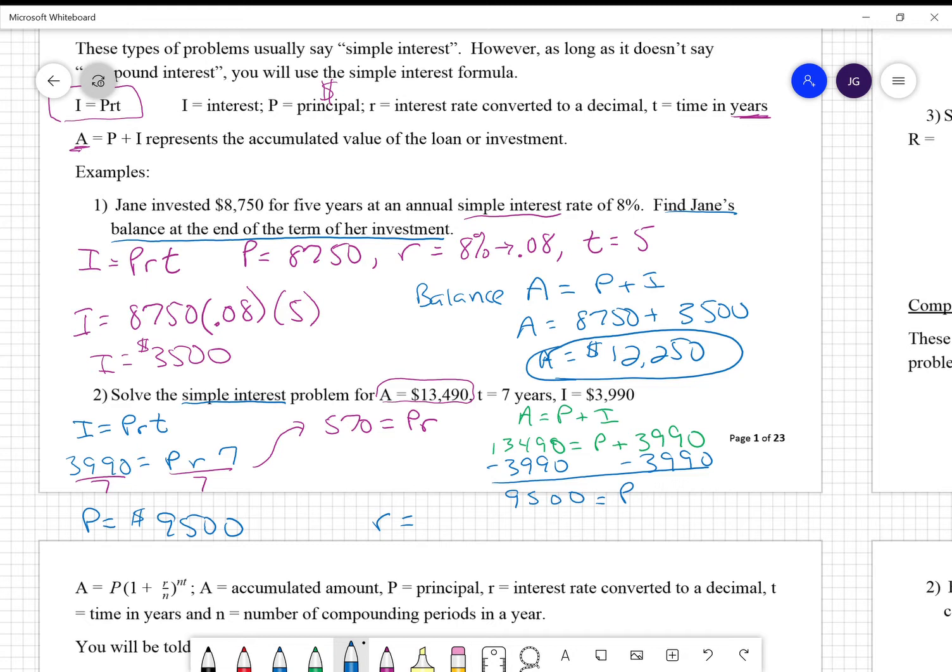And now I can put that number in there. Let's do this in black. 570 equals 9,500 R. Divide both sides by 9,500. R equals 0.06, which is 6%.